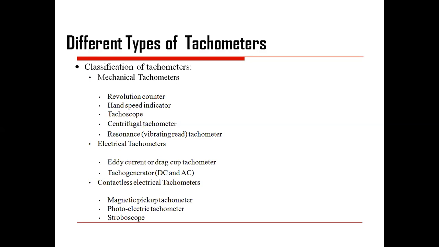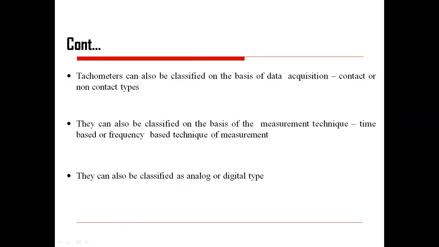Finally, the contactless electrical tachometers are bifurcated into three categories: magnetic pickup tachometer, photoelectric tachometer, and stroboscope. Briefly, we will go through these types one by one, as tachometers are the most commonly used device for speed measure.